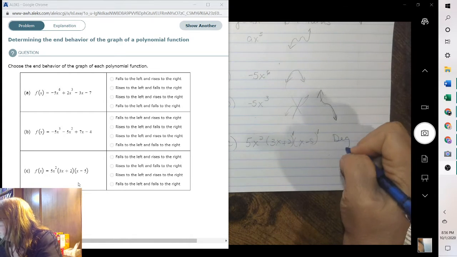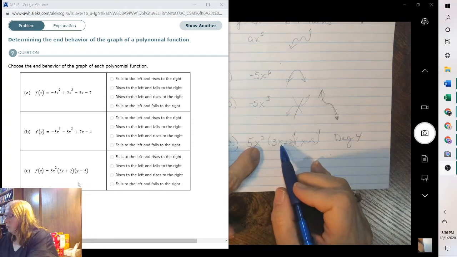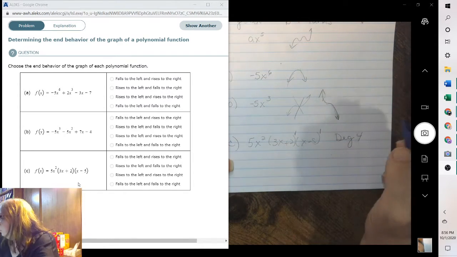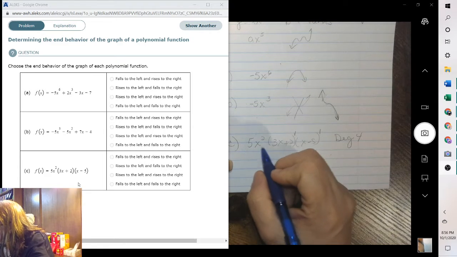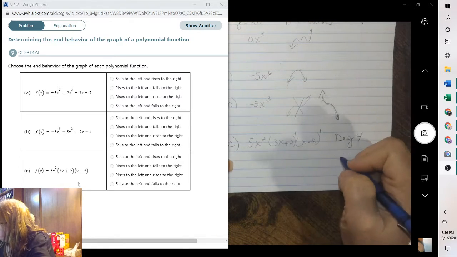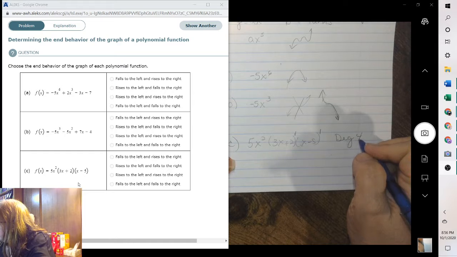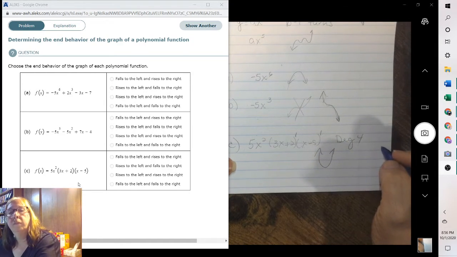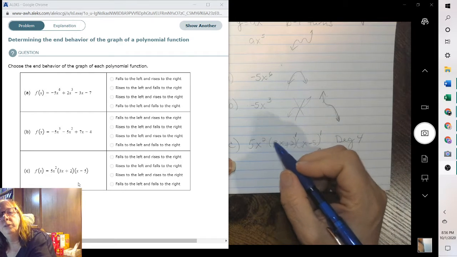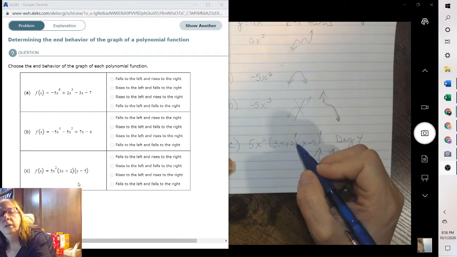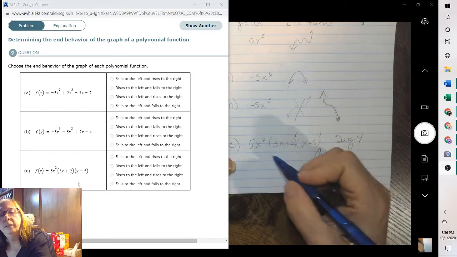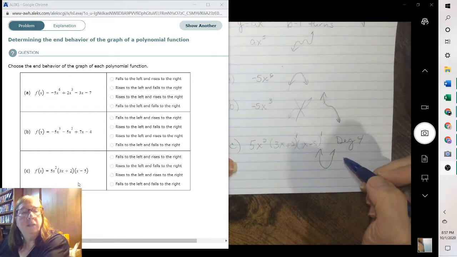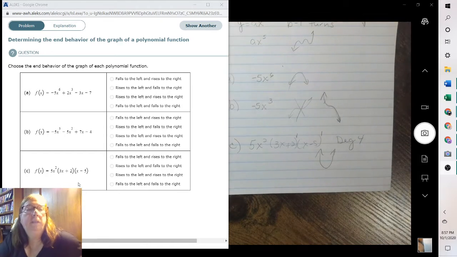The degree of this one is 4. If you multiplied your first terms together, you'd have x to the 4th. The leading terms are positive, so it's a parabola going up, which means it rises on the left and the right. So it would be this one.